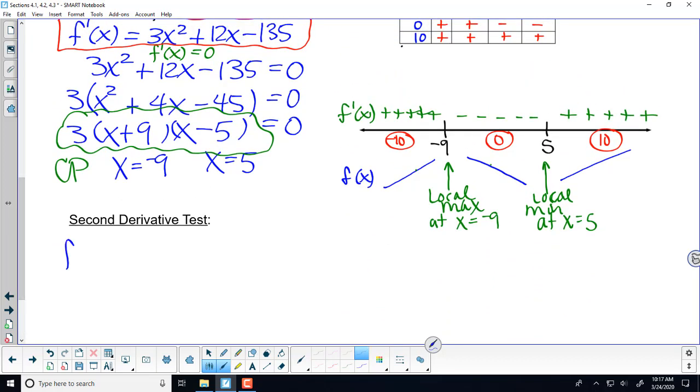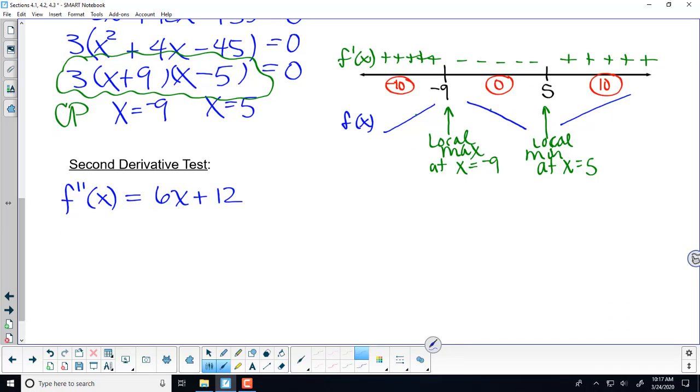All right, so the second derivative then, if I go back up here, is 6x plus 12. All right, and now we don't set it equal to 0. We just say we're going to evaluate our critical points at each of those values.